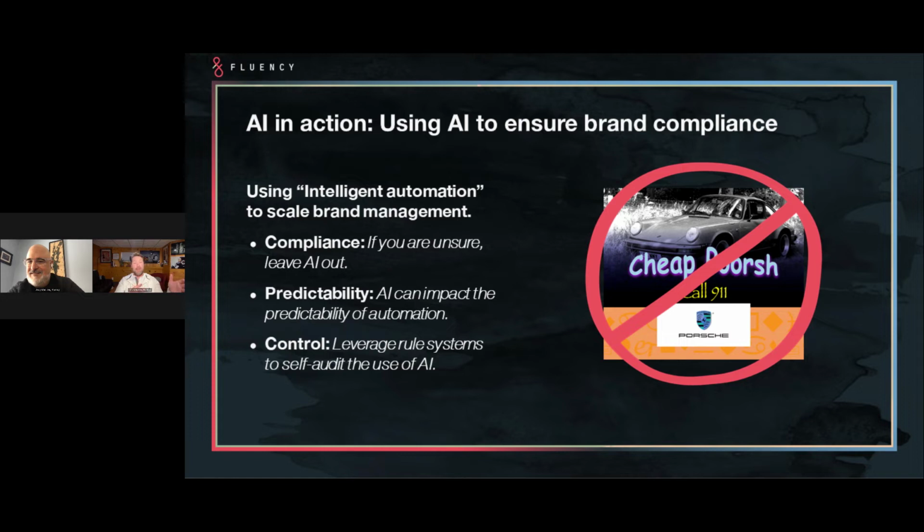We know that we can't do certain things. There are special credit category, special ad category rules on Facebook and Google that just have rules around what you can and can't do. And the LLMs just aren't always aware of that.